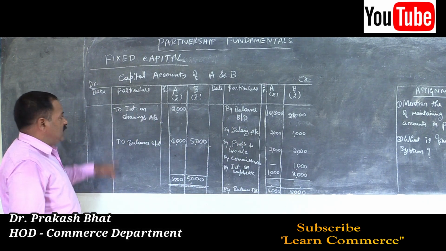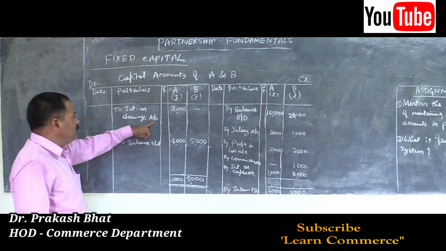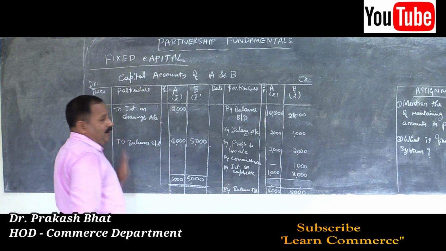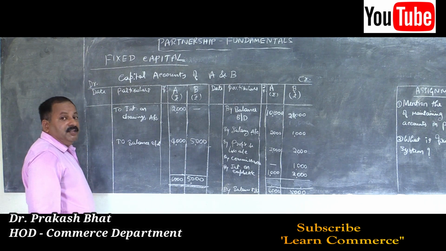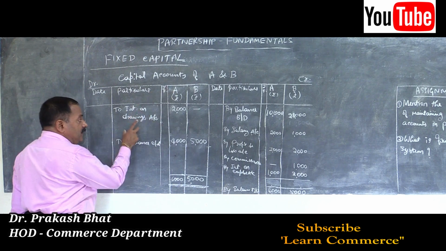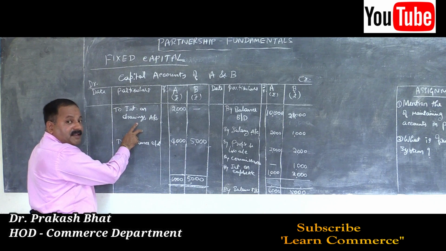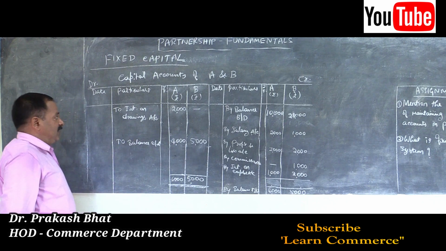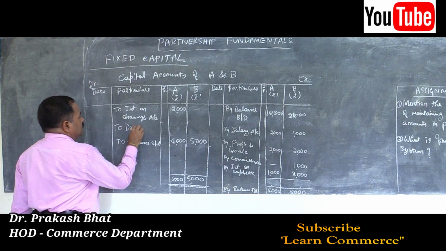So on the debit side, interest on drawings account, I will keep the same entry. Then you can write drawings account also, that is, if capital is withdrawn, then it is recorded in the capital account itself under fluctuating capital method. So I will write here to drawings account.